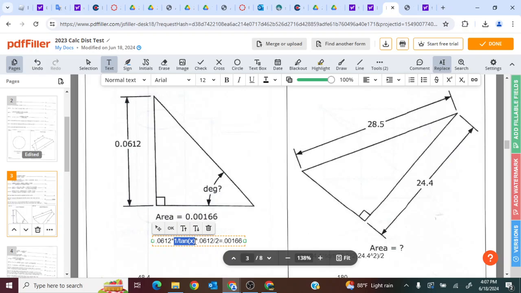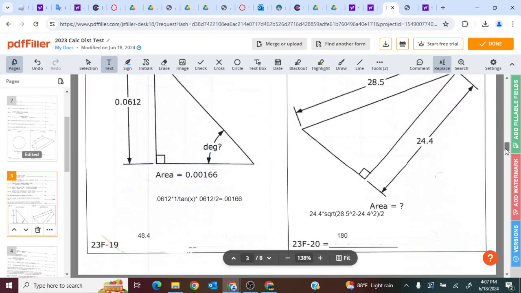Cotangent is 1 over tangent, and you multiply that by the other side, and then you divide by 2 because it's a triangle, and you get 0.00166. Make sure if you put that in EQ solver, that will make things way easier. Just make sure you're in degree mode.